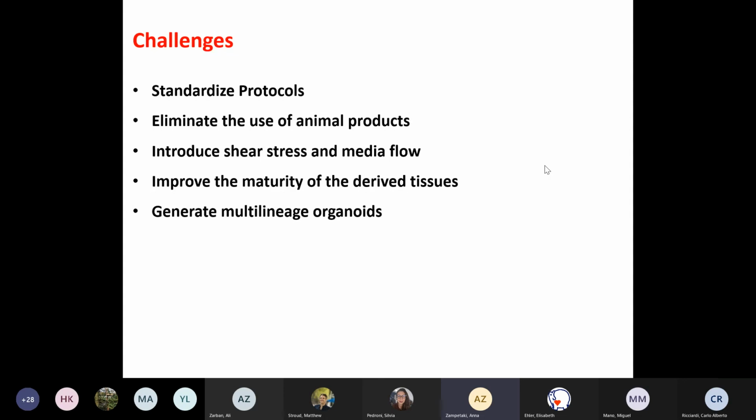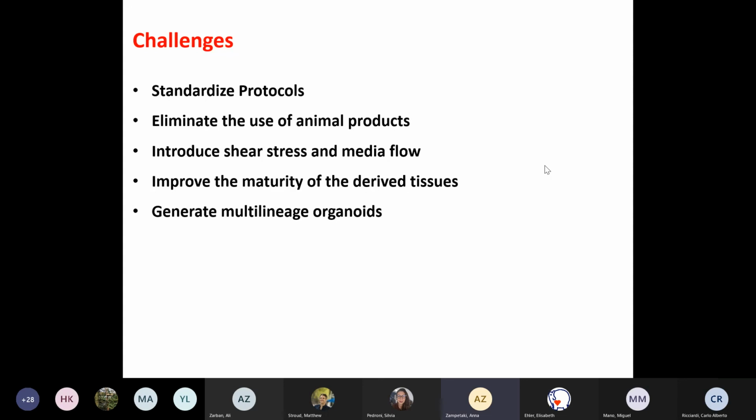We also need to eliminate the use of animal products like the Matrigel, for example, because it is of unknown composition. So something that is more defined is essential if we are to carry any of these finally in vivo.